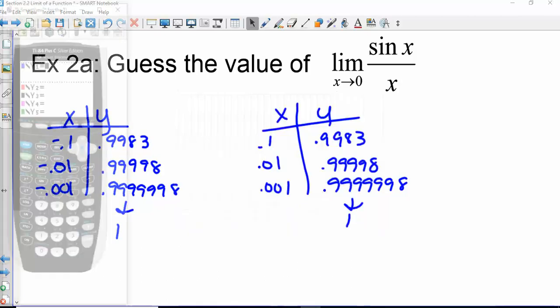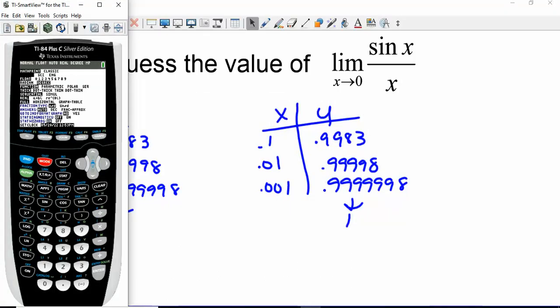So if I want to graph sin x over x, we can see that's our sine curve, and as we get closer to 0, the y value is getting closer to 1. So the graph can kind of confirm that.